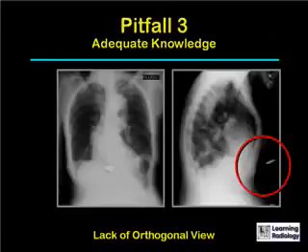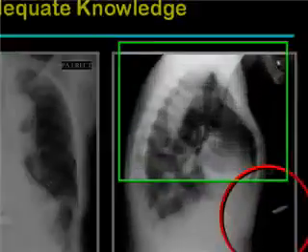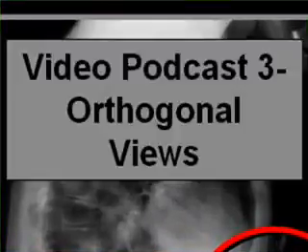This is an error in which adequate knowledge of obtaining an orthogonal or 90-degree view would be necessary in order not to fall into the pitfall of trying to localize an object using one and only one radiograph. Video podcast 3 deals with orthogonal views.